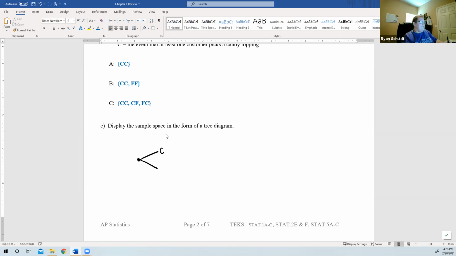He can get candy or he can get fruit. Now, regardless of whether he gets candy, the second customer comes in. What are his options? Candy or fruit? Again, second customer comes in. What are his options? Candy or fruit?